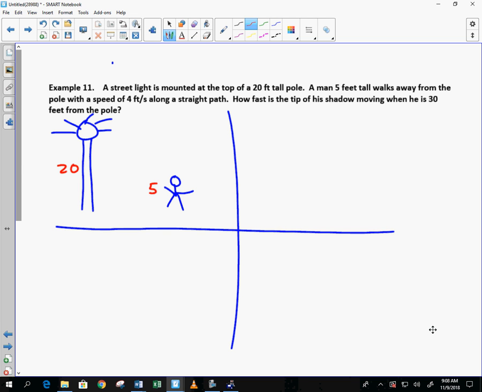Okay, that's how we draw it. He's 5 feet tall. He walks away with a speed of 4 feet per second along a straight path. How fast is the tip of his shadow moving when he's 30 feet from the pole?